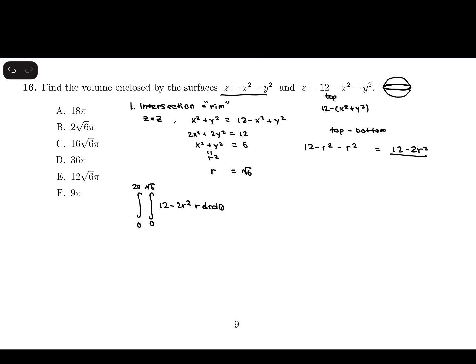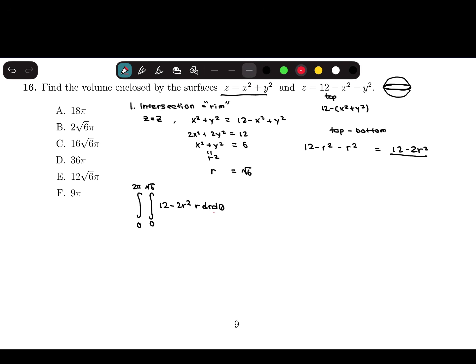Okay, so I'm now going to show you guys a little tip that I haven't actually reviewed this entire session yet. When you look at this and you see that you have a dr here, but there's not a single theta in sight, what you can do is think of it like this.